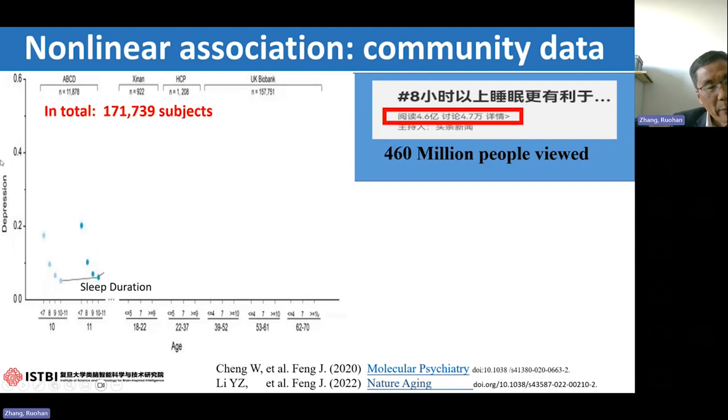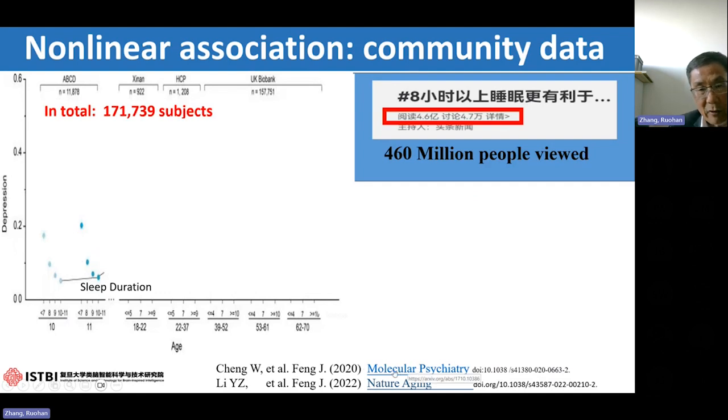We looked at many measures, but here I show only the depression score. Of course, the smaller the depression score, the better your brain. If you look at this figure, it is monotone, meaning the more you sleep, the better for your brain.